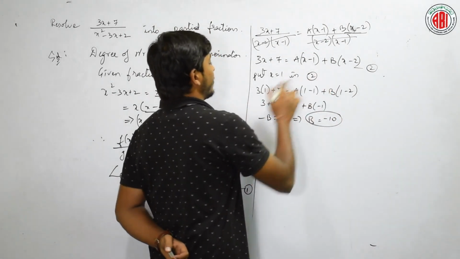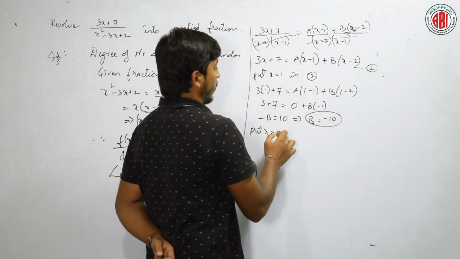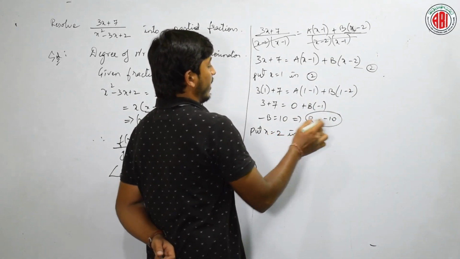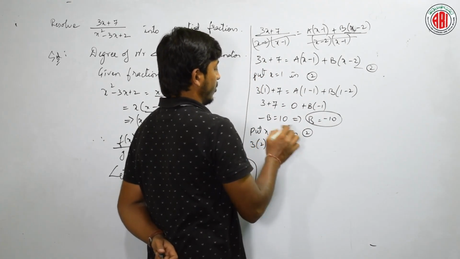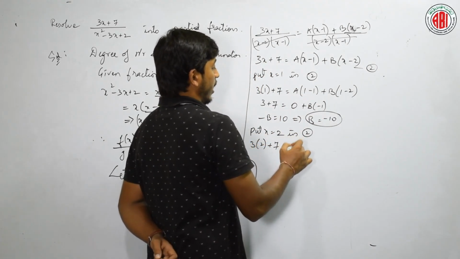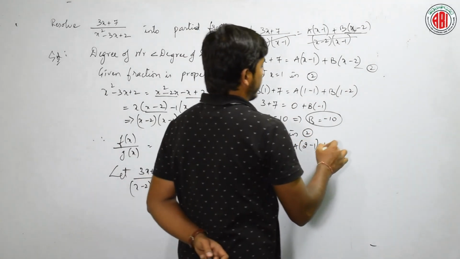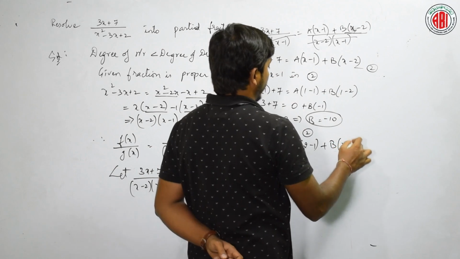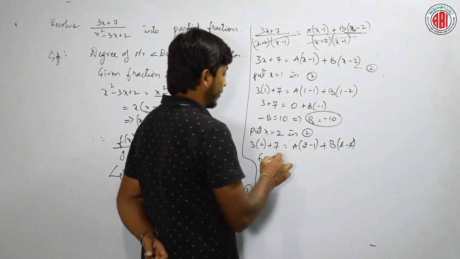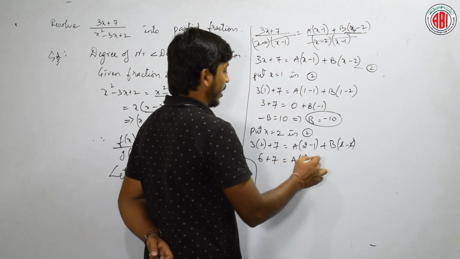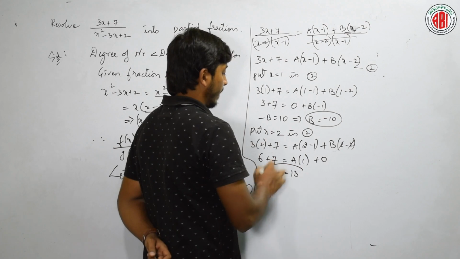Now, let us substitute x equal to 2 here. What do we get? 3 into 2 plus 7 is equal to a into (2 minus 1) plus b into (2 minus 2). This will get cancelled. I will be left with 6 plus 7 is equal to a into 1 plus 0. A is equal to 13.